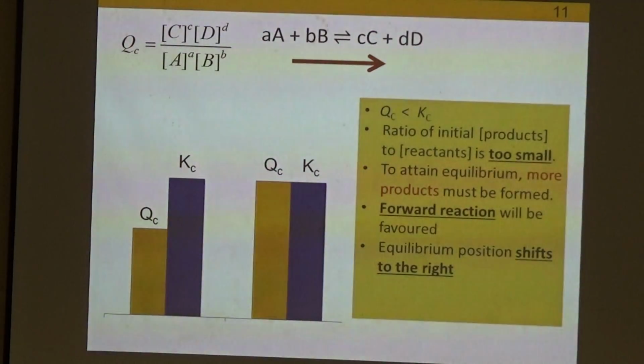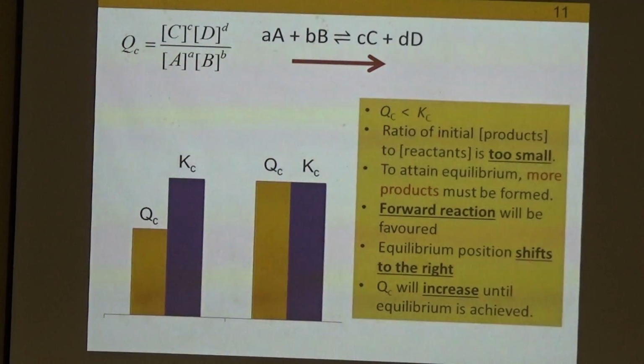Therefore, you shift the position to the right. As you make more products, Qc should increase, and it will continue to increase until you reach equilibrium.